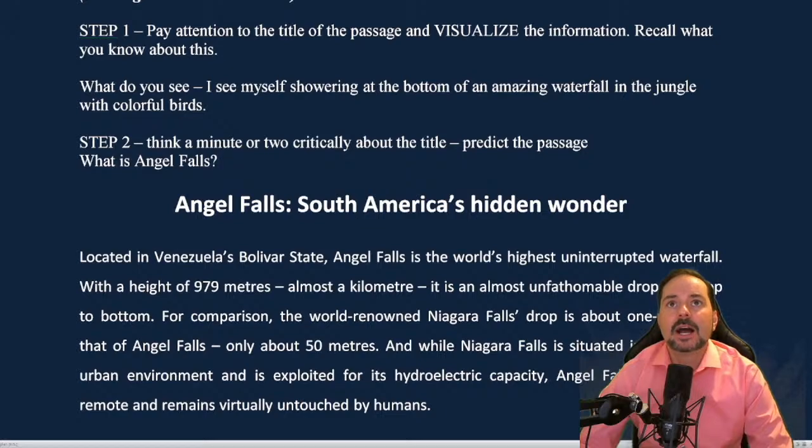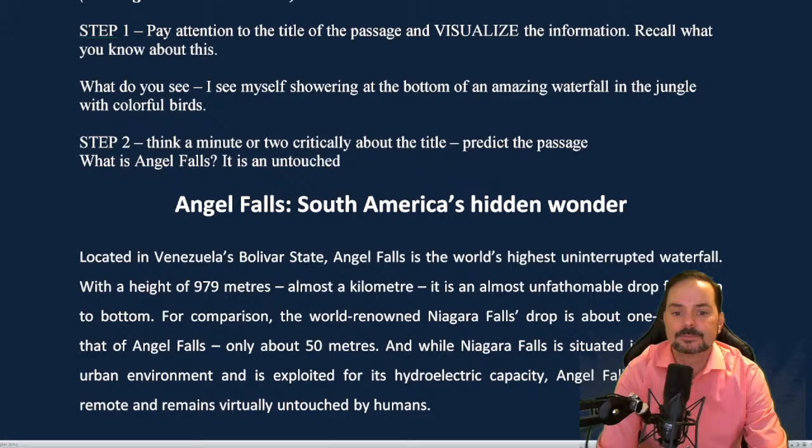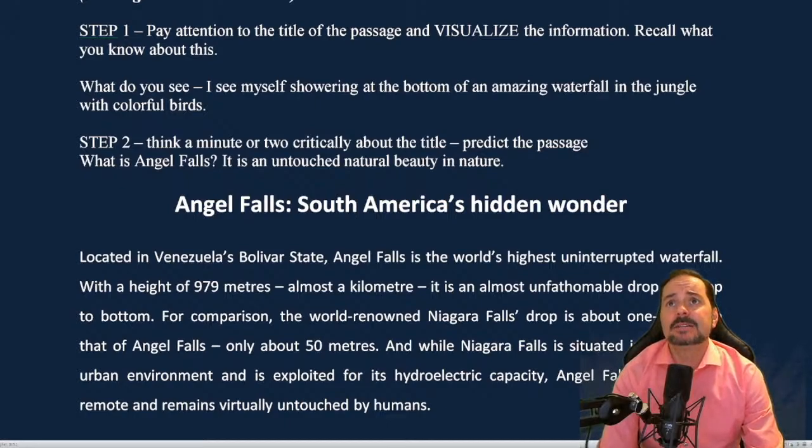Okay, Thang Ha says it's an unspoiled fall. We wouldn't say unspoiled, Thang. We would say untouched. It's an untouched natural beauty in nature. Okay. Karen says it's hidden maybe because it's gone unnoticed.